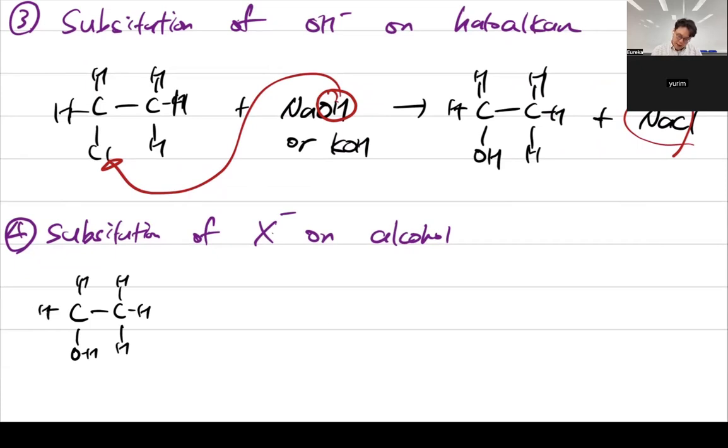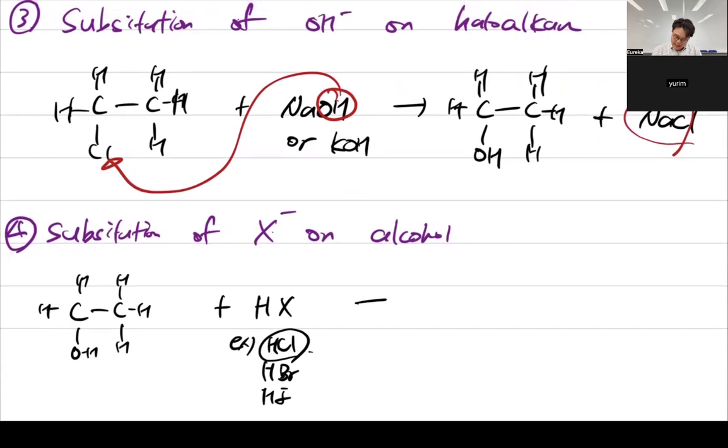If you want to replace that, we can add some HX. So for example, it could be hydrochloric acid or hydrobromic acid, even hydroiodic acid, but hydrochloric acid is generally used because it's known as the acid. And this is placing the X to take the place of the OH too.